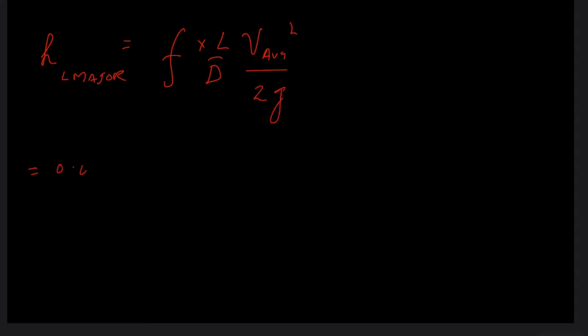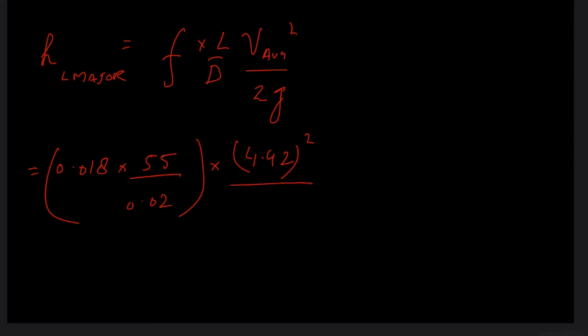My friction factor is 0.018 multiplied by the length 55 meters divided by the diameter 0.02 meters, multiplied by 4.42 squared, the velocity we calculated using flow rate, divided by 2 into 9.81, the gravity. My HL comes out to be 49.29 meter, equivalent to height of H2O. So this is my HL major.